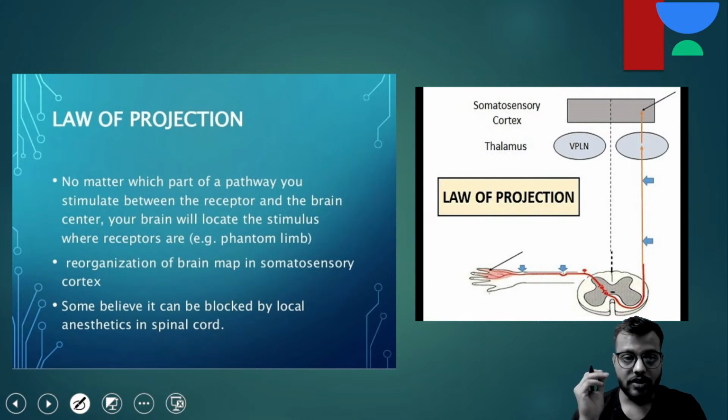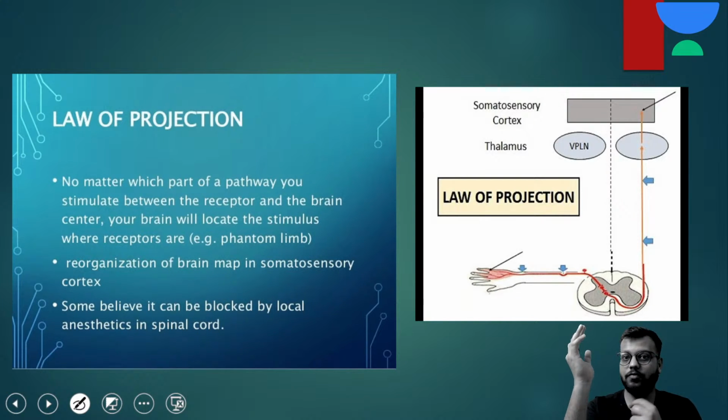Okay, so this is called the phantom limb. Or if there is some stimulus here, or anywhere in its path, then the entire area which takes the sensations of that receptor will be affected.